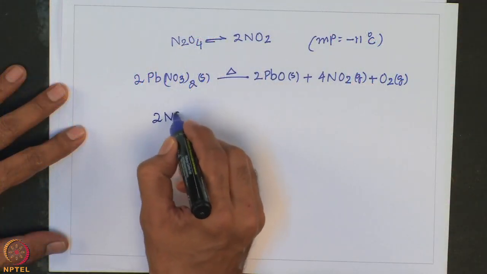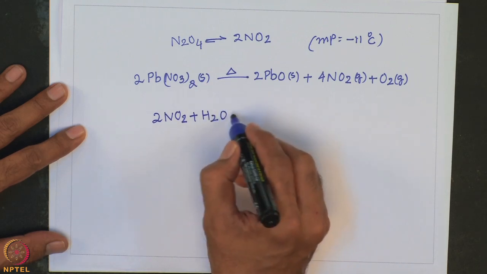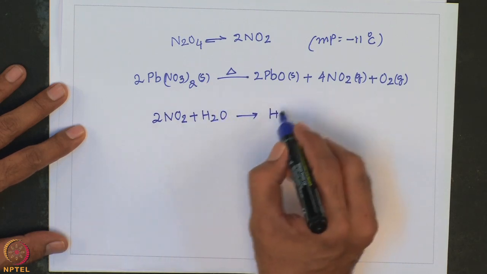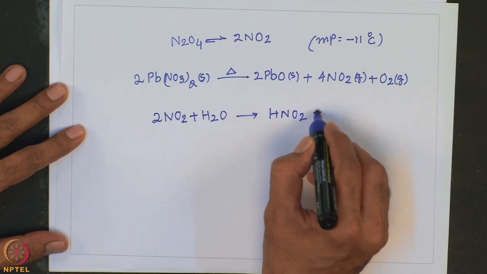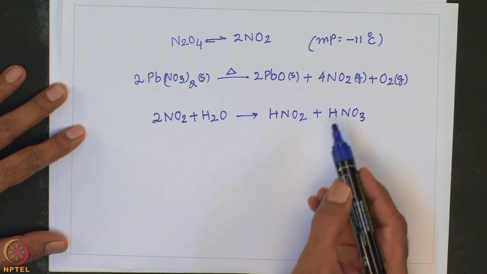Dinitrogen tetroxide is a powerful oxidizing agent which attacks many metals including mercury at as low as 298 Kelvin, and the reaction of NO2 or N2O4 with water gives a 1:1 mixture of nitrous and nitric acids. So, 1:1 mixture of nitrous and nitric acids.